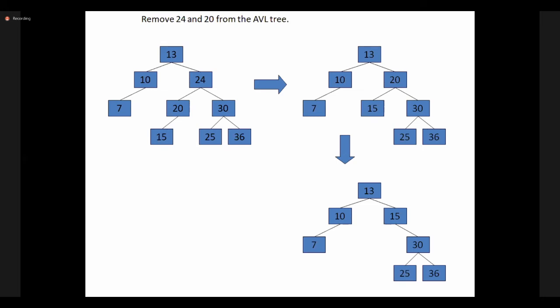Then what is the next step to do? Here we have to calculate the balance factors for each and every node and check whether the tree is balanced or not. If not balanced, we have to do rotation. Now finally tell me, after deletion of 20, whether the tree is balanced. Imbalance. It is imbalance.